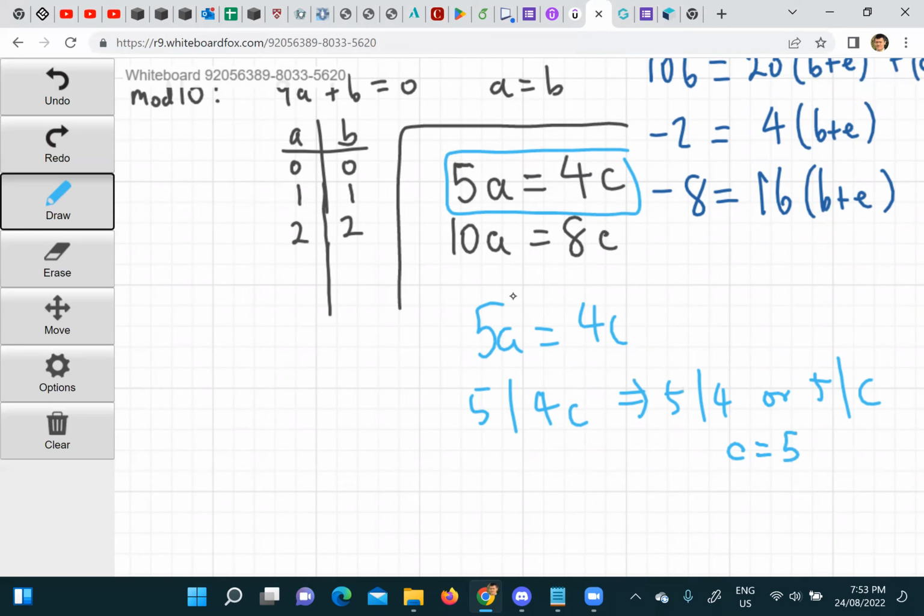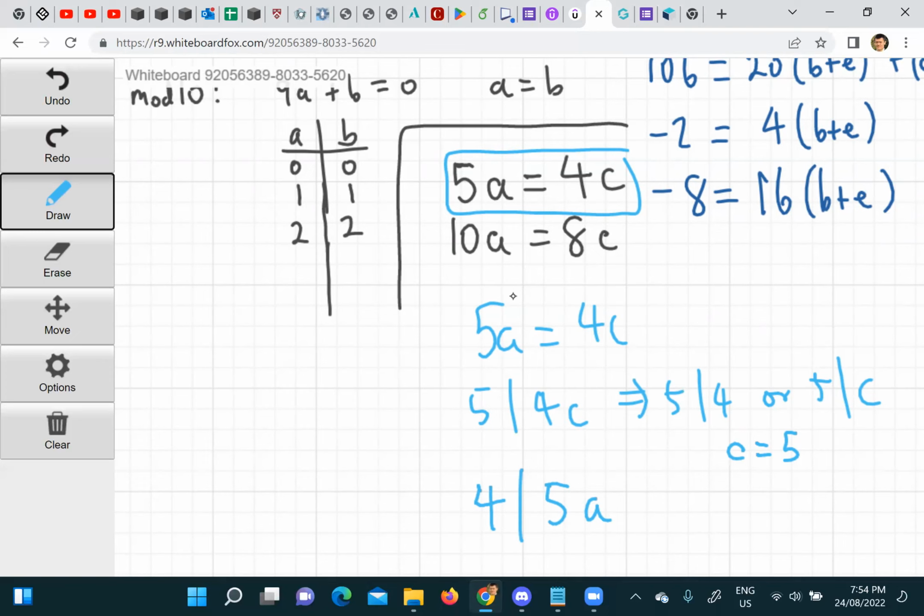But if we use the logic the other way, just to show this, I just want to give you an example. So if you have 4 divides 5A, yeah? 4 is not prime, right? So you can't use the same reasoning to say it divides 5 or A. But 4 is co-prime to 5. That makes sense?